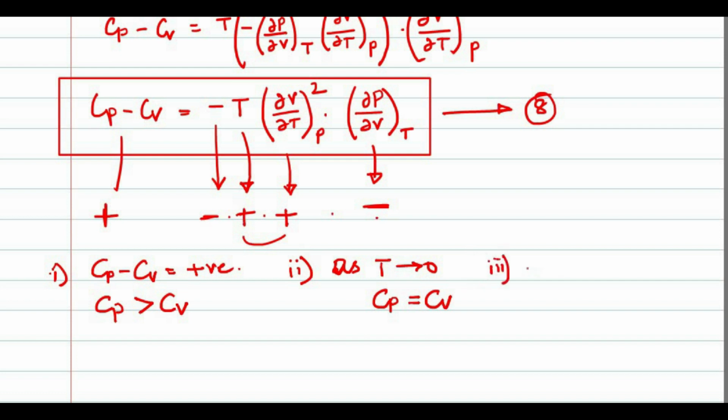The same thing will happen when dou V by dou T at constant pressure is equal to 0. If dou V by dou T at constant pressure is equal to 0, then Cp minus Cv will be equal to 0. That is, Cp is equal to Cv.